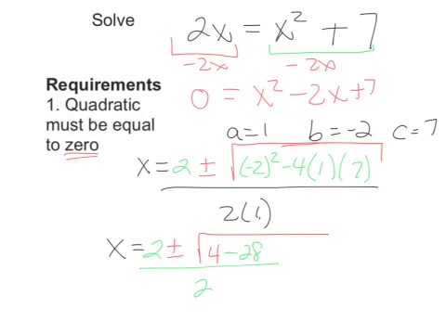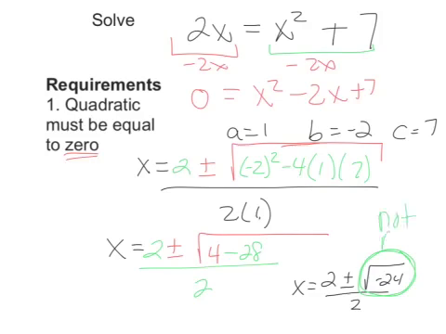So as we simplify this in the corner here, x would equal 2 plus or minus the square root of negative 24 all over 2. Now the problem with this one is we can't take the square root of a negative number. So no matter what we do with the 2 on top or the 2 on the bottom, since this is not a real number, we won't be able to do anything with our answer. So if we get a negative under the square root, this simply has no real solutions.